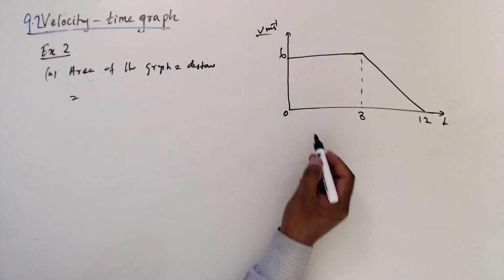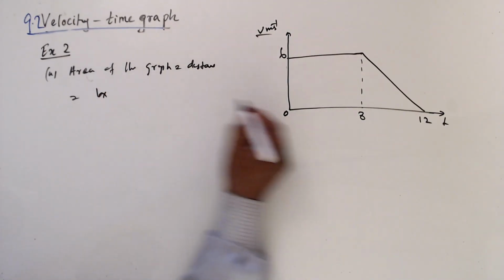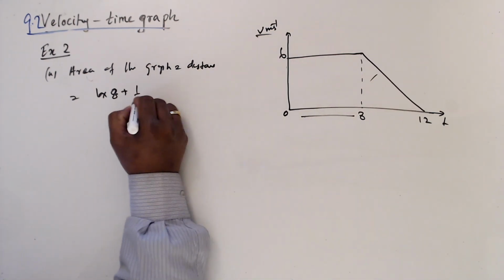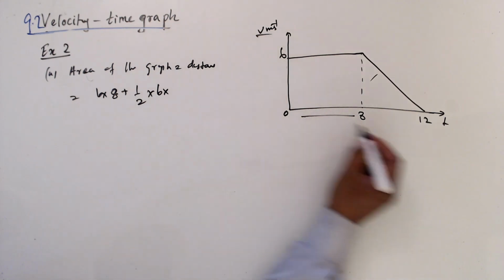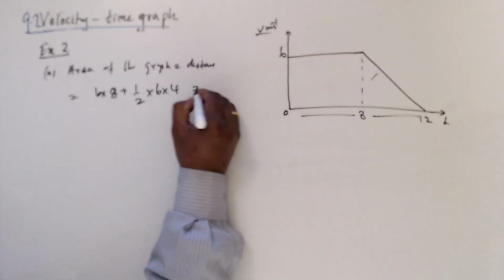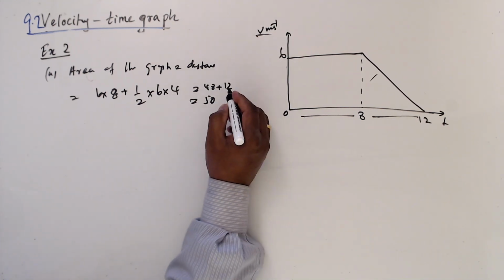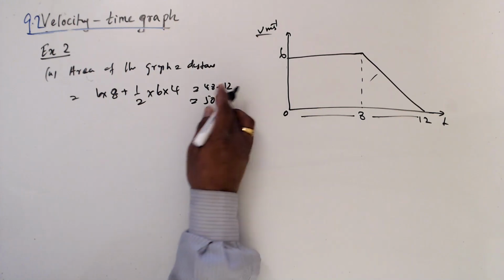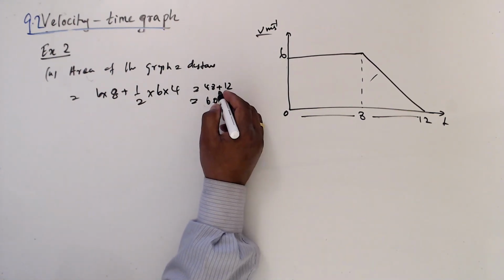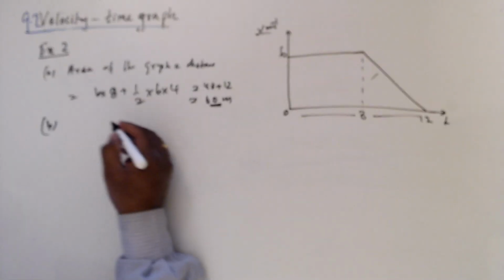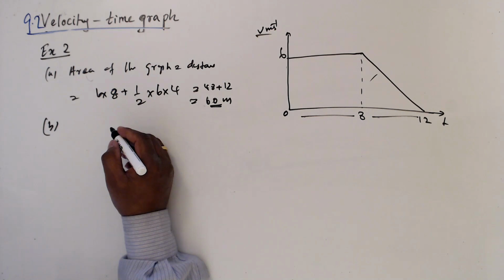So you can find the area. This is 6 times 8, plus this triangle, half times perpendicular height times base 4. 48 plus 12 is 60 meters.